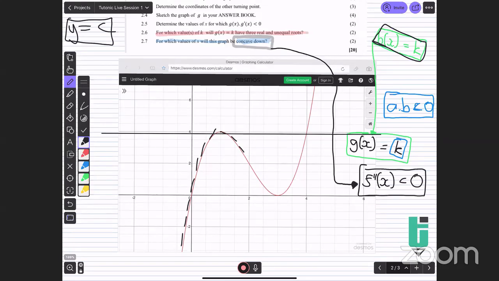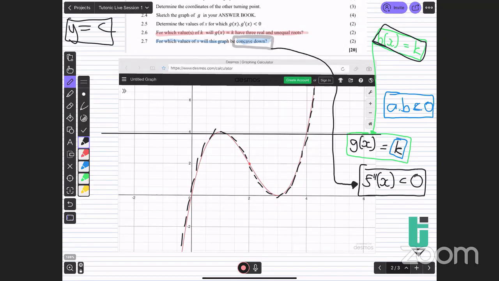What happens here, by the way, at that dot? The point of inflection. Yeah. So what's the definition of point of inflection? Second derivative equals 0. Okay, but how would you explain to a layperson what it is? The concavity changes.